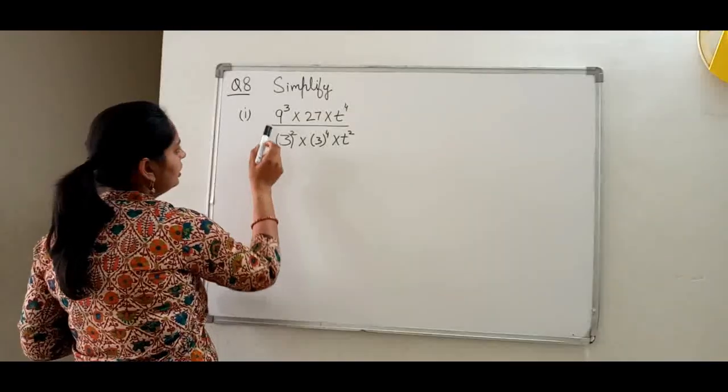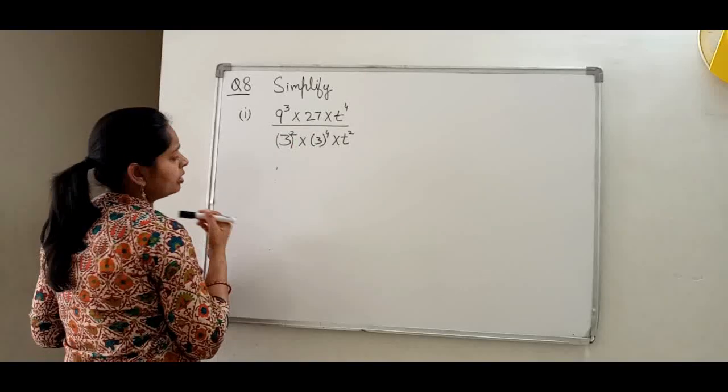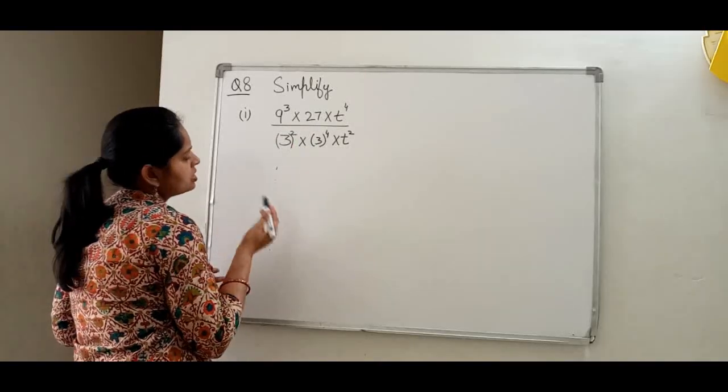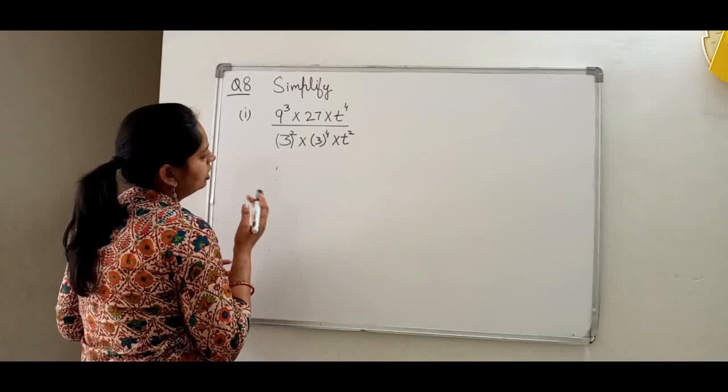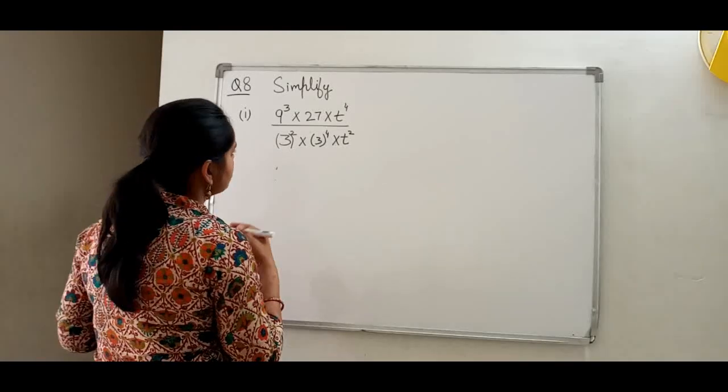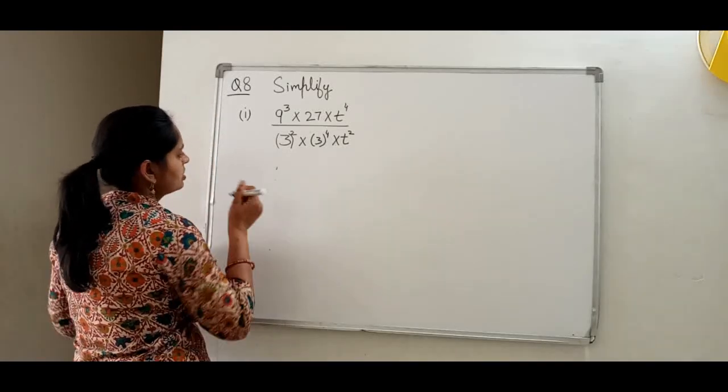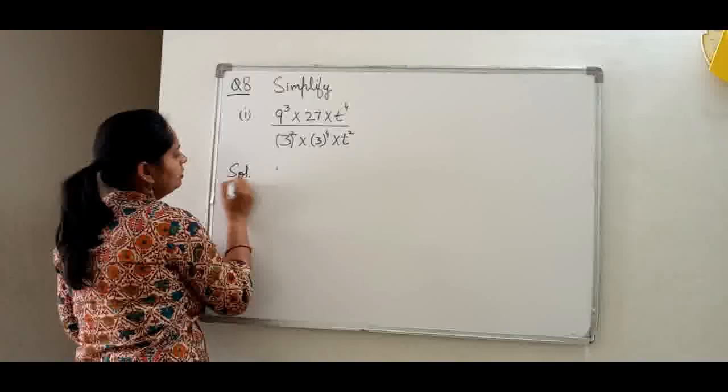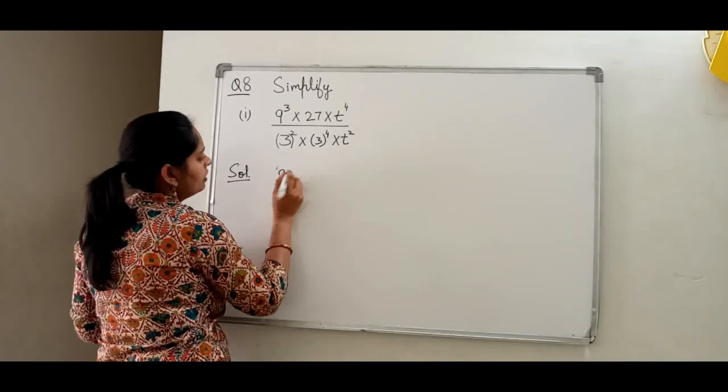You can see here 9 and 27 are composite numbers. So first we will turn this into a base of 3, a prime number. How will you solve?